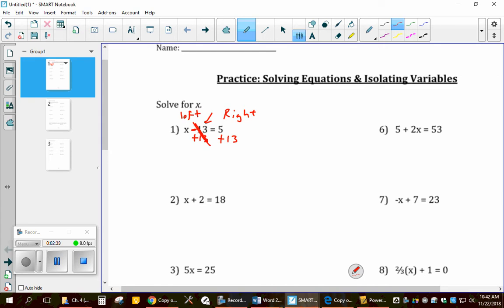So in the end, I've just got x on the left, equal to 5 plus 13. So then we just add those: 5 plus 13, we get x is equal to 18. And that's it.